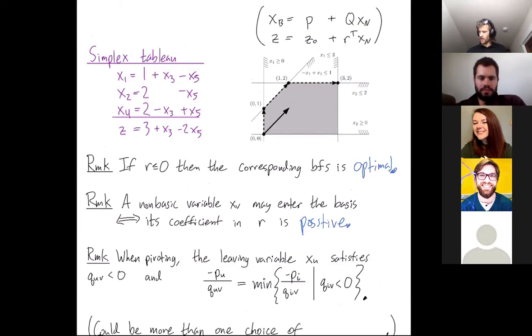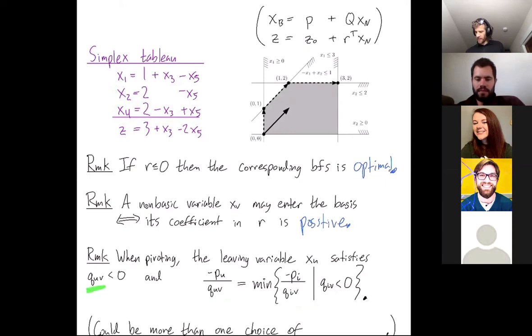So from the perspective of this first equation, I can increase x3 as much as I want. Same from the perspective of the second equation. But from the perspective of the third equation, this equation for x4, I can't let x3 get any bigger than 2, right? So x4 is my limiting variable. It's going to be the variable that leaves the basis. So this is notation for how you choose the variable that leaves the basis.